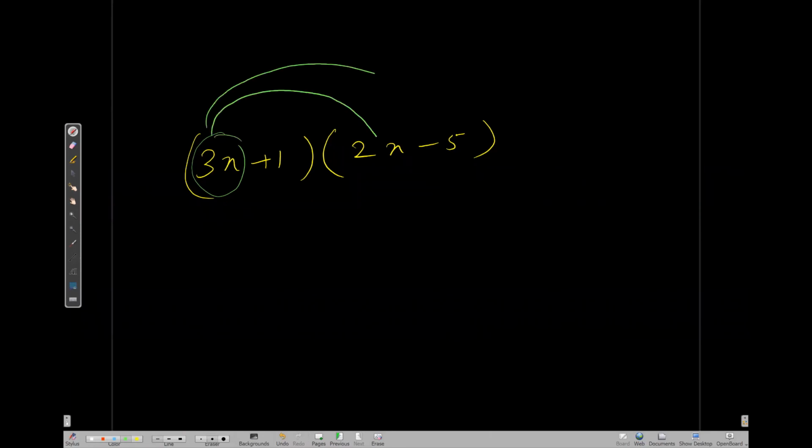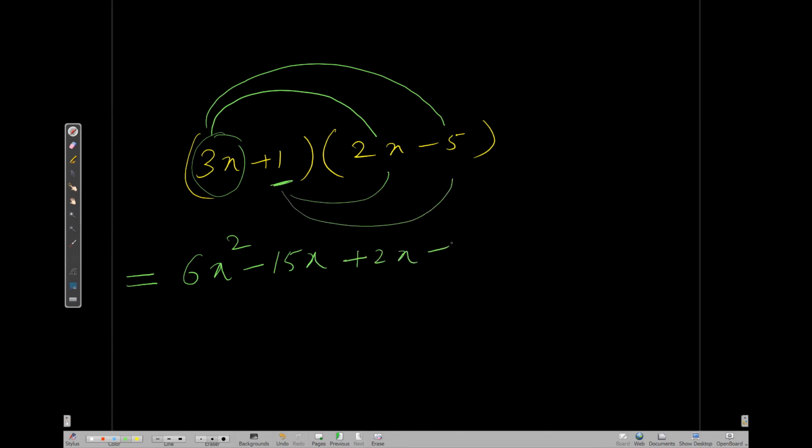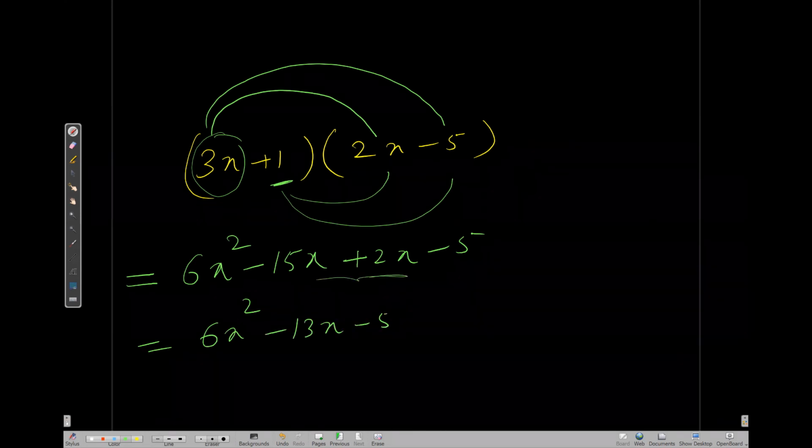So this and this, equal sign, don't forget that. 6x squared and negative 5 into 3, 15x. So I'm done with that one. Now with this and this, plus 2x minus 5. So you get 6x squared, and here you can simplify, negative 13x minus 5.